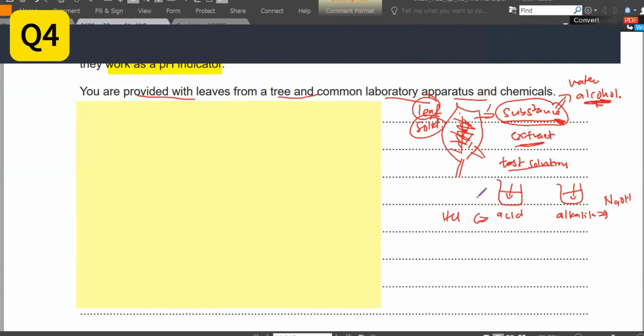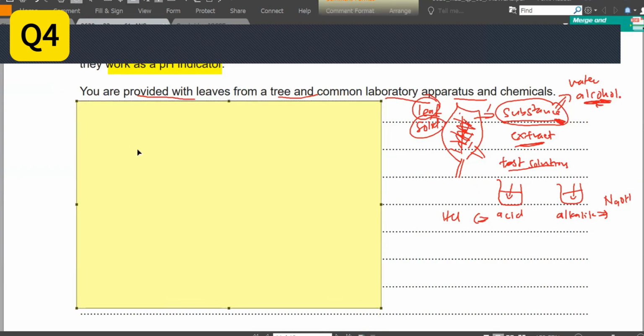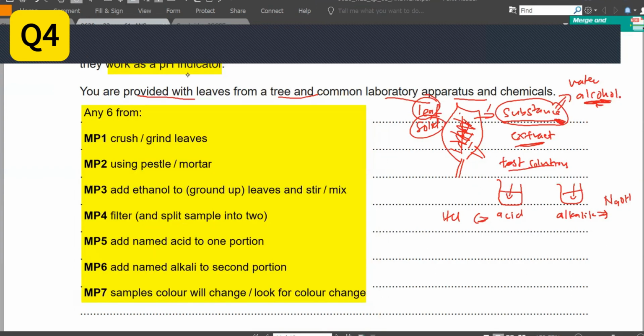So we can think about what steps we can use for this extraction. Straightforward. First, we will crush and grind the leaves. We will use a mortar and pestle. We put the leaves there and grind into small pieces.